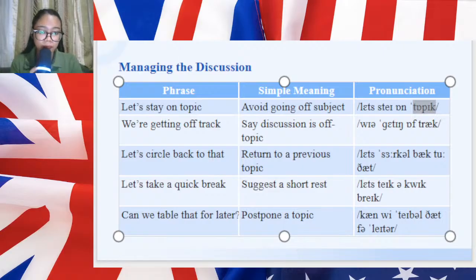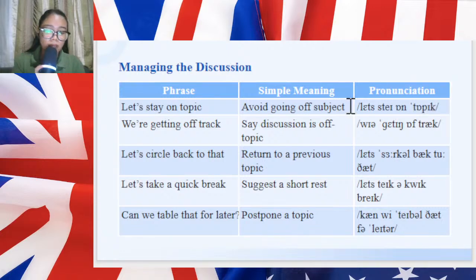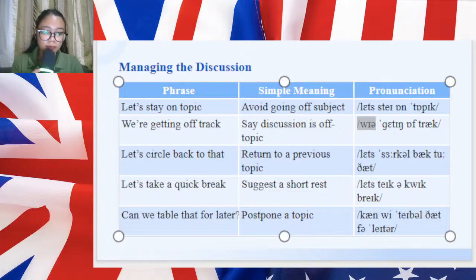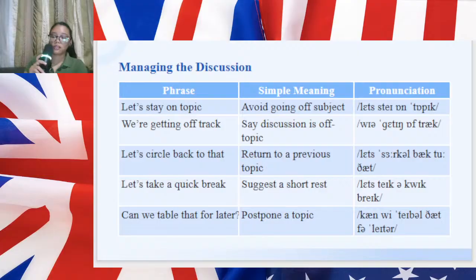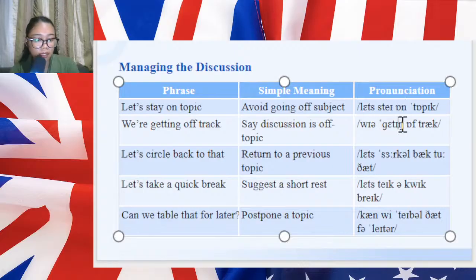Okay, all right. Pronunciation wise, we have we're getting off track. Now, starting with we're. There's a short E vowel sound here. This is a contraction of we are, okay? We are familiar with that. And then the second word, getting. Both vowel sounds, A and E, are short vowel sounds.